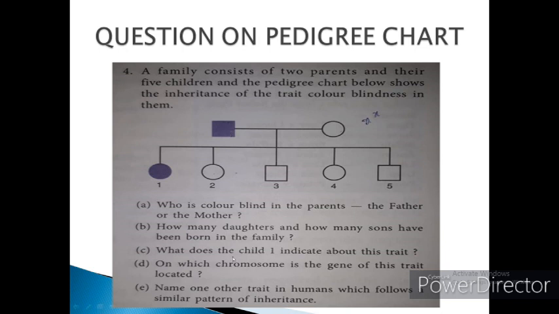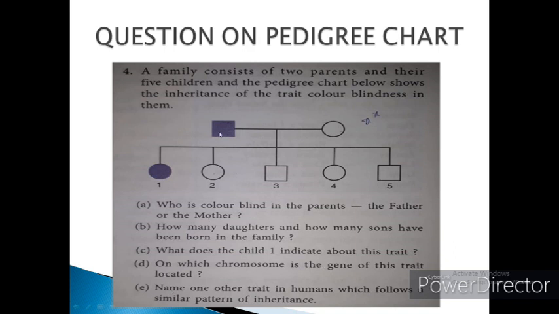How many daughters and how many sons have been born in the family? So it is 2 sons and 3 daughters. What does the child 1 indicate about this trait? That means child 1 is suffering from color blindness. On which chromosome is the gene of the trait located?